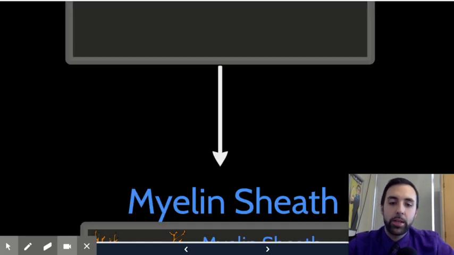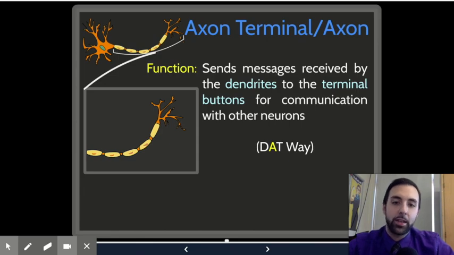But nevertheless, this middle region that we're going to be talking about, referencing the axon or the axon terminal, is responsible for taking messages received at the dendrite and sending that information to the end of the neuron, to what's called the terminal, or what can sometimes be called the terminal buttons. So when a dendrite is activated at its receptor sites, the information that the dendrites are receiving, perhaps about the characteristics of what you are touching, is sent through the neuron to the axon terminal, which is this portion here.